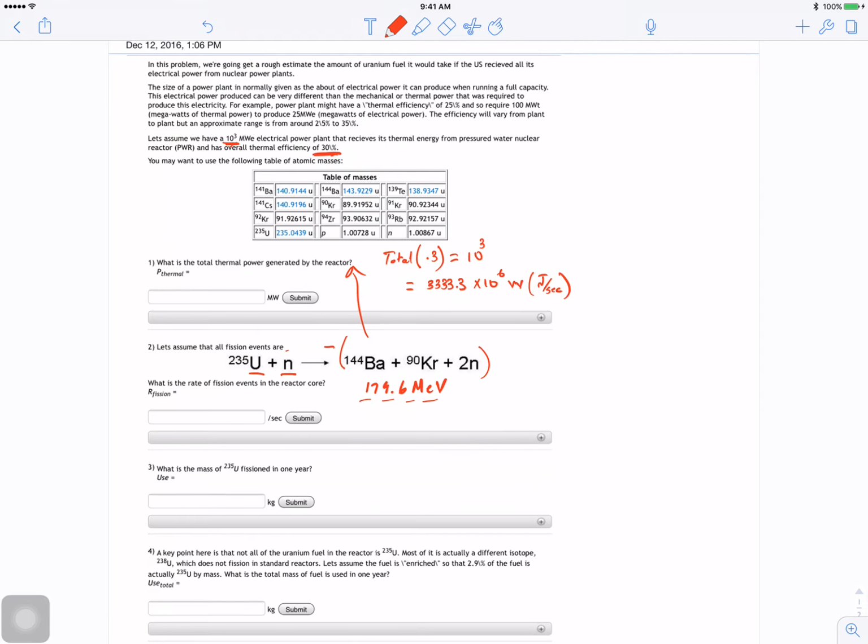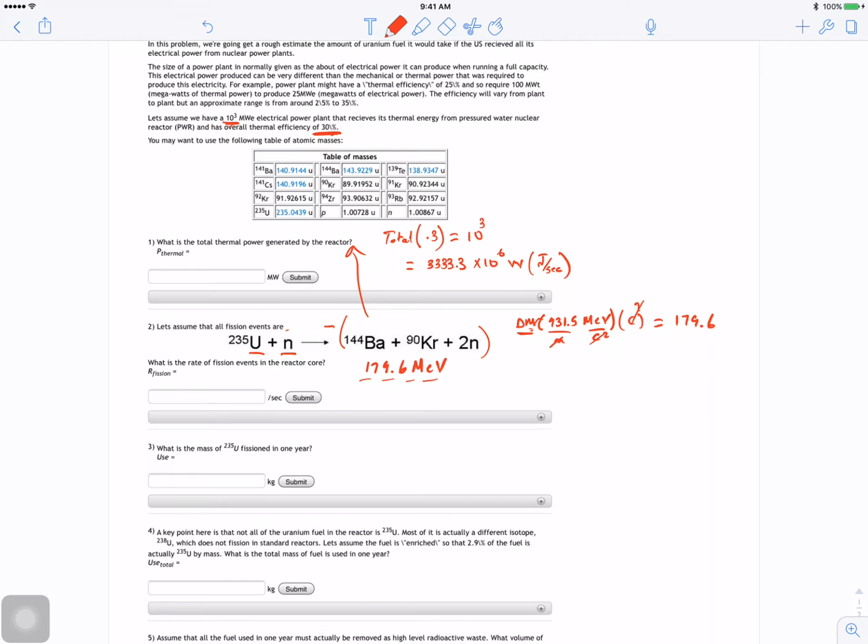Once you find delta M, you multiply it times 931.5 million electron volts divided by u times c squared. Then you cancel those units and find the answer, which is 179.6. If it's unclear, just go to the video before it. I might link it in the description below.